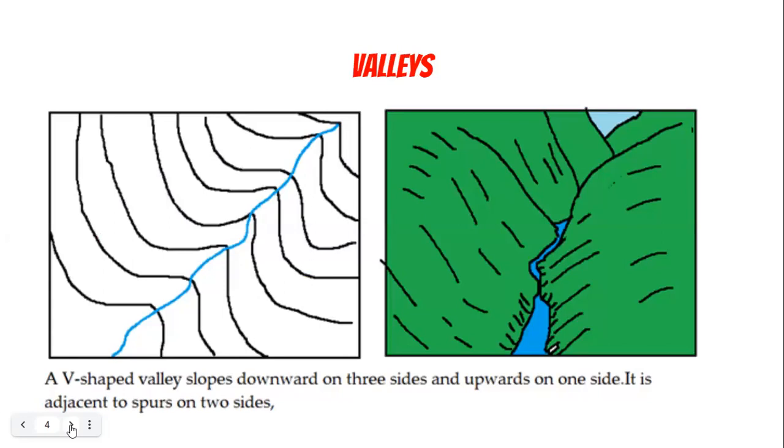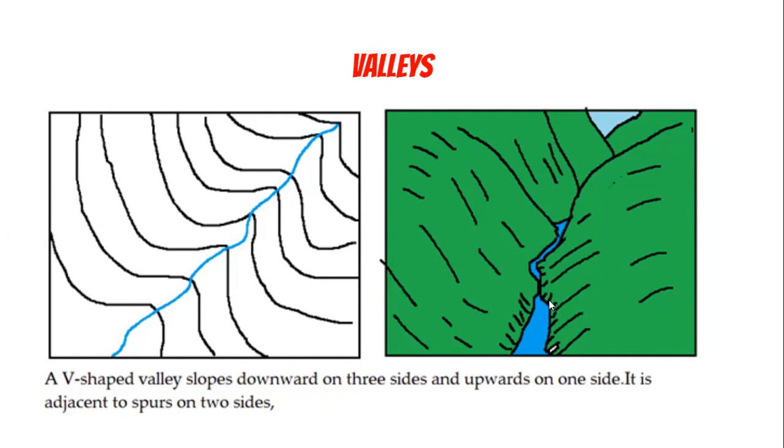So if we look on the diagram to the right, we notice that there is a lowland through which a river is flowing, and on either side we see highlands. This, of course, would be the upper course of the river, where no significant area of plain has been created as yet.